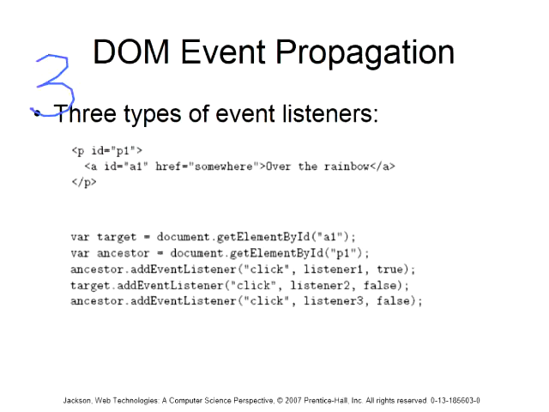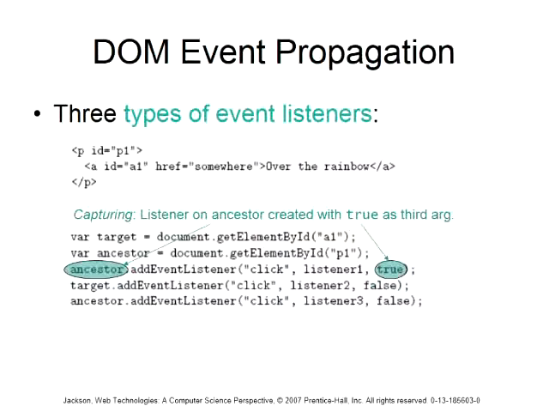So in this case, there are three types of event listener. The first one is capturing. So a listener on an ancestor created with true as the third argument.